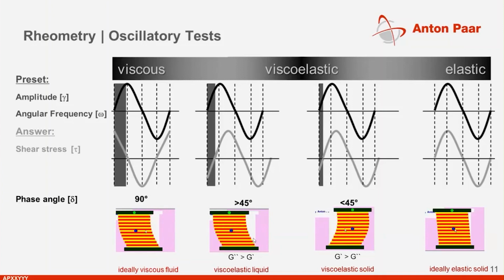This is the case if the phase angle is larger than 45 degrees, or our viscoelastic solid, which is the case if our phase angle is smaller than 45 degrees, which we can see here. It's also nice to see here that all the layers are showing a constant flow behavior.